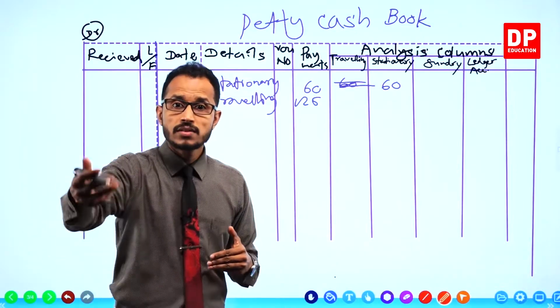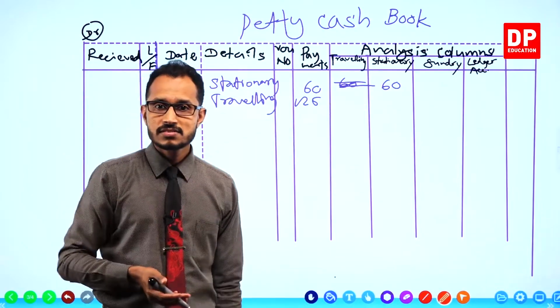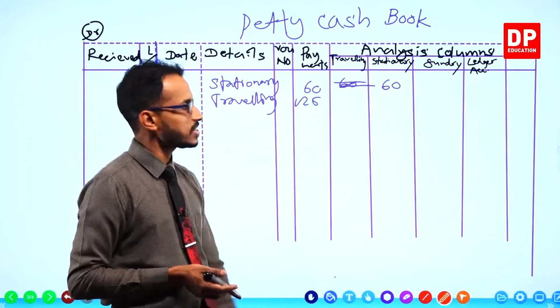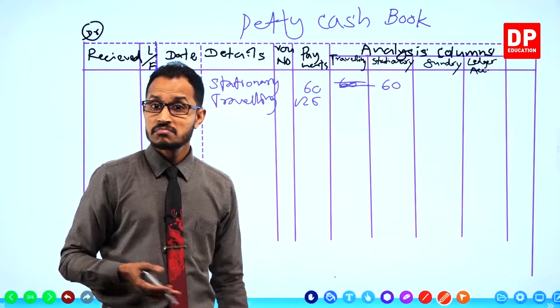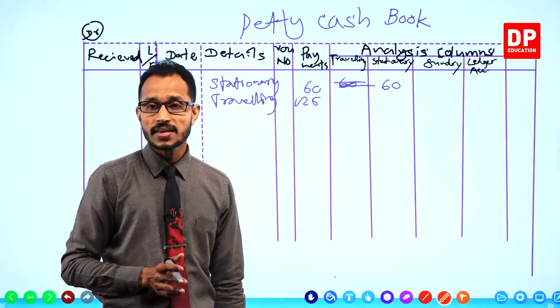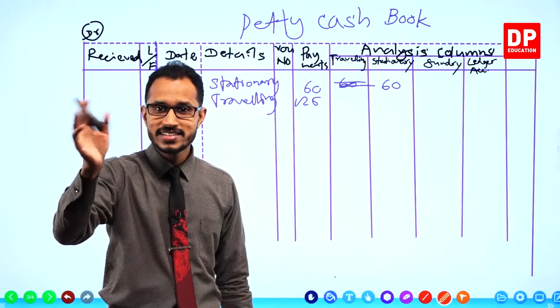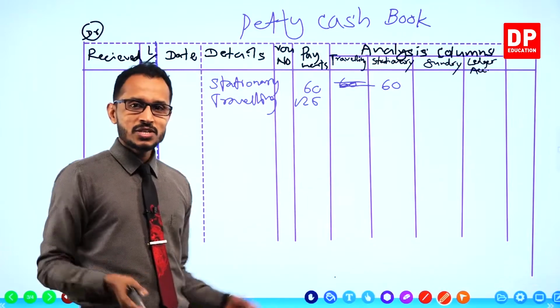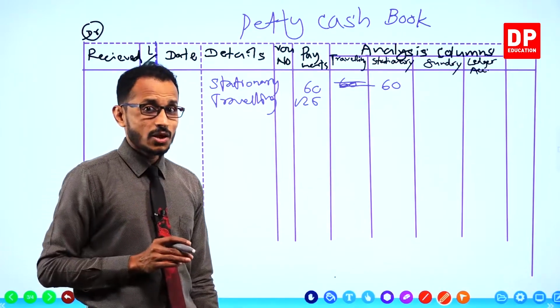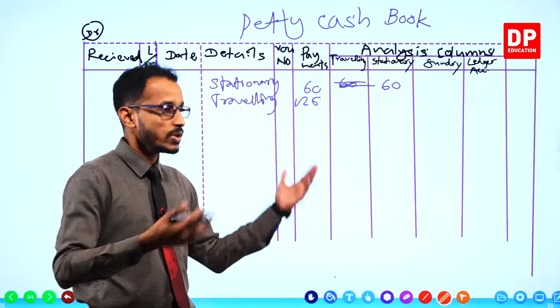If you went on recording the payments with me in the petty cash book, and you did not notice that I have neglected something, I missed something, which means you're still not very familiar with how to record transactions in the petty cash book.